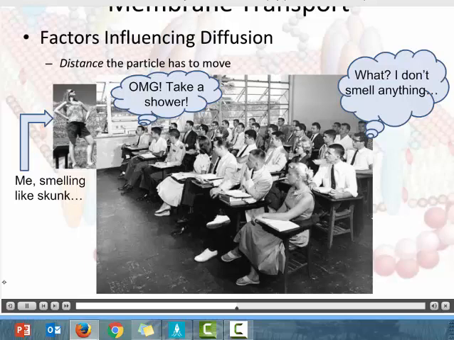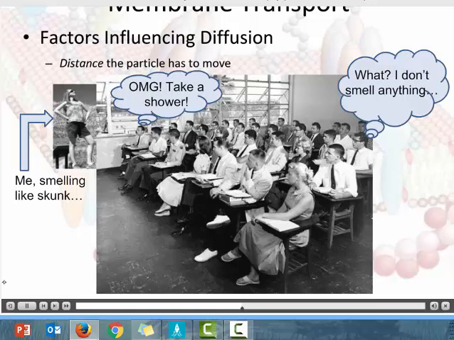But then it's going to take a while for the person in the opposite corner to smell it, because there's a greater distance that those smell molecules have to cross in order for them to be evenly distributed throughout the entire room. So, long story short, the distance a particle has to move affects the rate of diffusion.